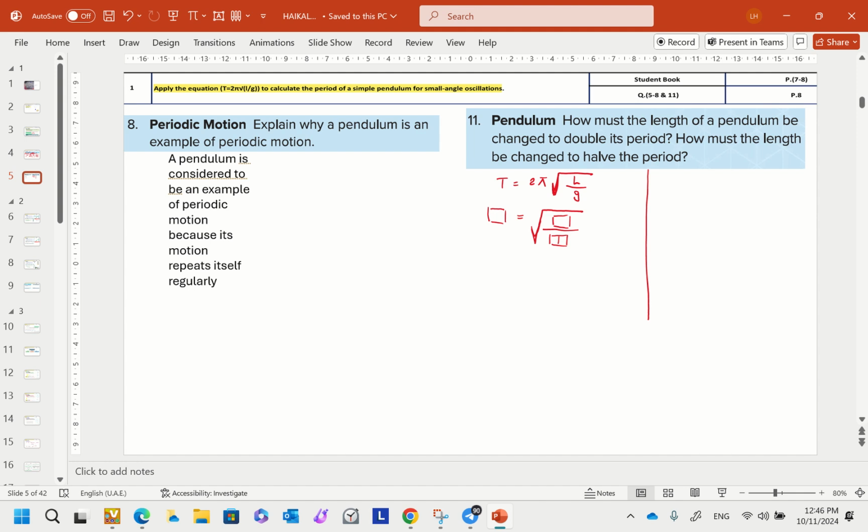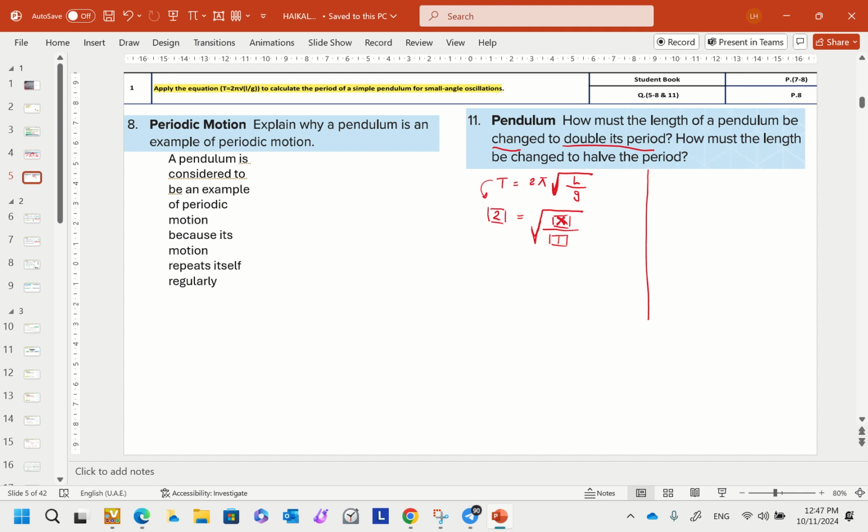Now the first question, he says, how should the length of the pendulum be changed to double its period? So the period is doubled. I'm going to place 2 instead of T. Now, how should I change the length in order to double the period? So I'm going to search for the unknown x here, the factor that I must multiply the length by to double the period.